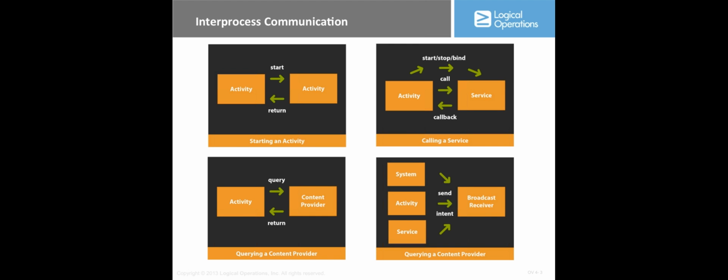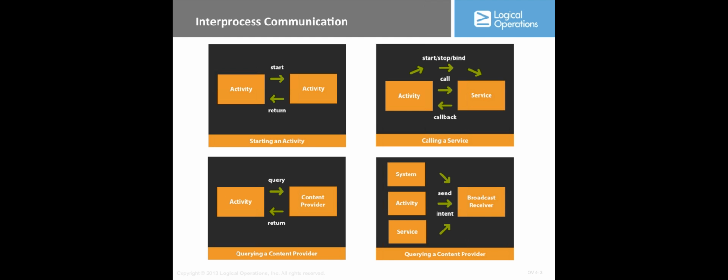So, what does the activity do? The activity provides a single screen for the user interface. That is defined as the activity itself. It enables users to perform a specific task, whatever that specific task is at hand.